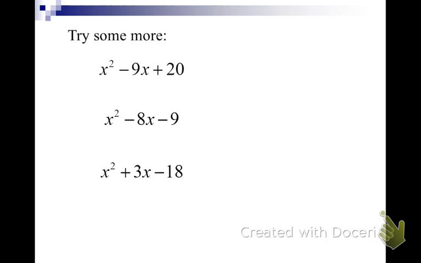Alright, so here we go. We're going to try some other problems here. The question is, what two numbers multiply to positive 20 and add to negative 9? So I'm going to go ahead and make my parentheses over here. I know that the first two terms are just going to be x and x. And then I ask the question, what two numbers multiply up to a positive number and add to a negative?